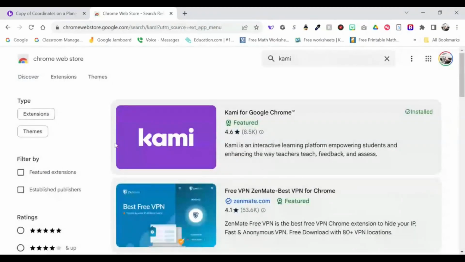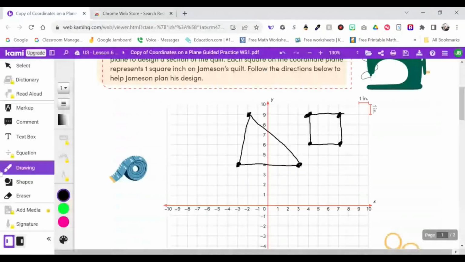I already have it installed, but you would click on it and install it, and it lets you open a document and then write on that document. All right. So that link that I just sent you, I want you working on that.